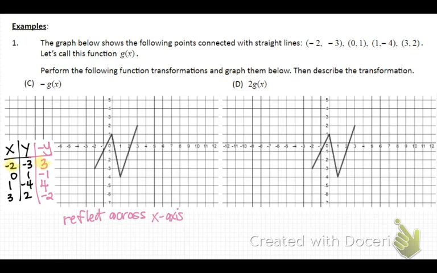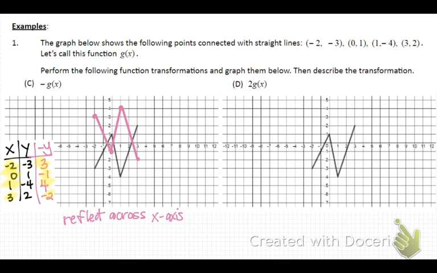So these will be each of my new points: (-2, 3), (0, -1), (1, 4), and (3, -2). And if I connect these dots, does that look like a reflection across the x-axis? Yeah, it looks like the graph before, and it's completely opposite.